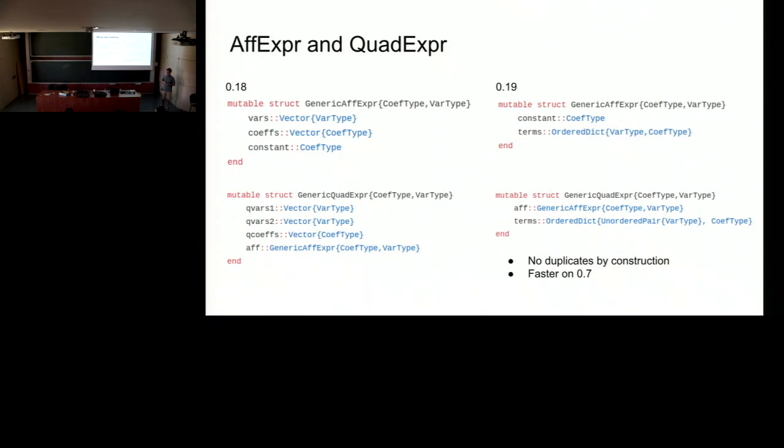We thought that would be kind of annoying in JuMP, especially if you're walking through this expression and constructing a mathematical model based on the terms in it. We want that process to be deterministic, so we use an ordered dictionary. There's a bit of a performance penalty for doing that, but I think it's worth it.